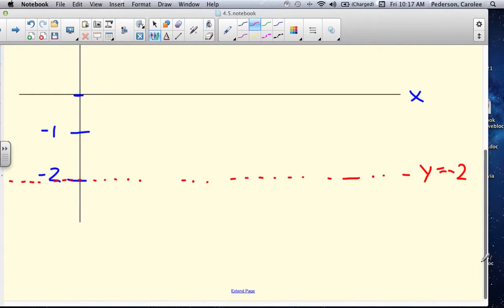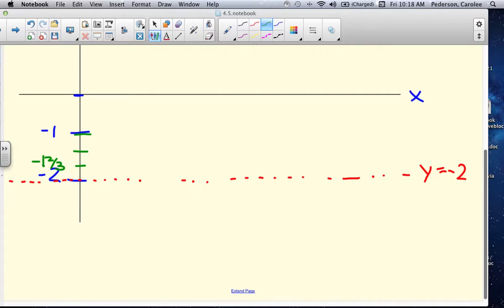Then from there, I construct my amplitude pieces. How big was my amplitude? 1/3. So pretty small. Here's a third, here's a third, here's a third. So the top of that, is it cosine or sine? Sine function is going to be -1 and 2/3.